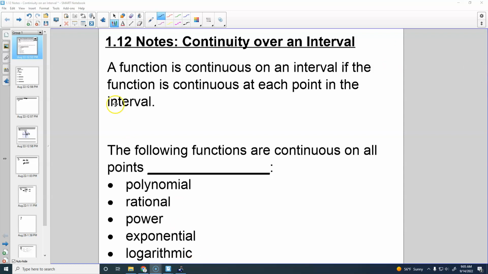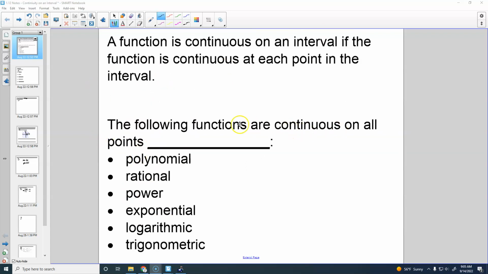A function is continuous on an interval if the function is continuous at each point in the interval. Basically, if it does not have any discontinuities in that interval, then it is continuous. So it's going to be similar to what we were doing, because to show that something is continuous on an interval, we are just going to look for discontinuities, really. So it's very similar to what we were doing yesterday.